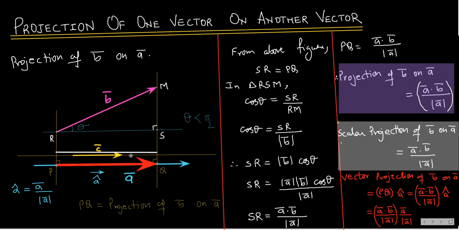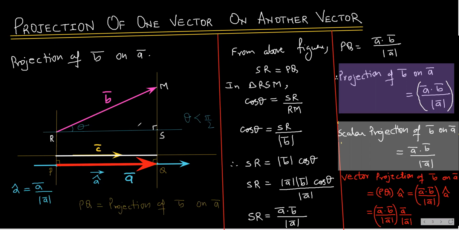So what if vector C bar is smaller? The projection of B bar is still having the same length. The projection of B bar on C bar is still the same as what it was on A bar.